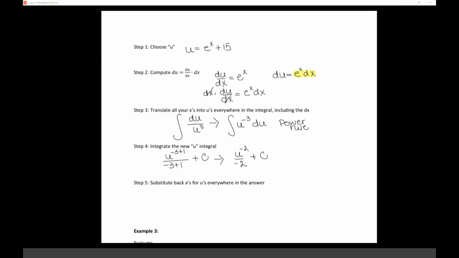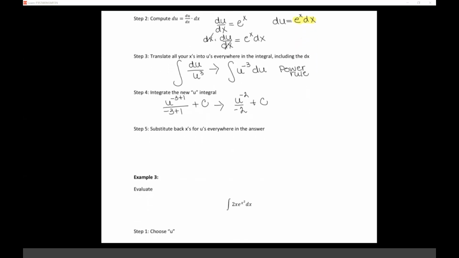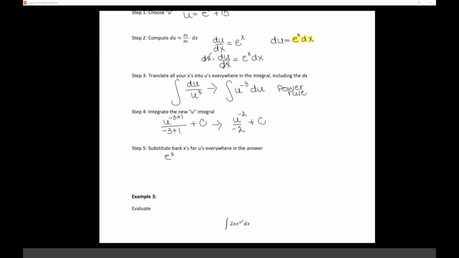The last step is to put back all the x's for u. So I have u to the -2, and u was e to the x plus 15, so that's e to the x plus 15 to the -2 over -2 plus c. That's certainly correct, but it's not conventional.